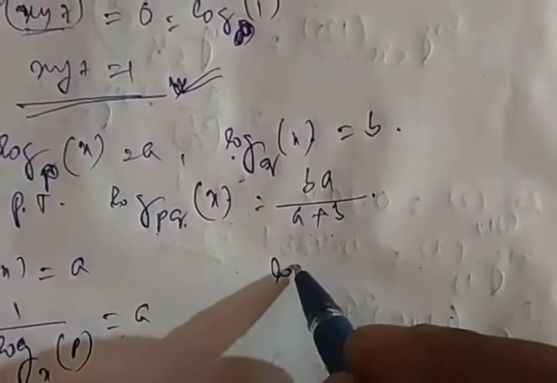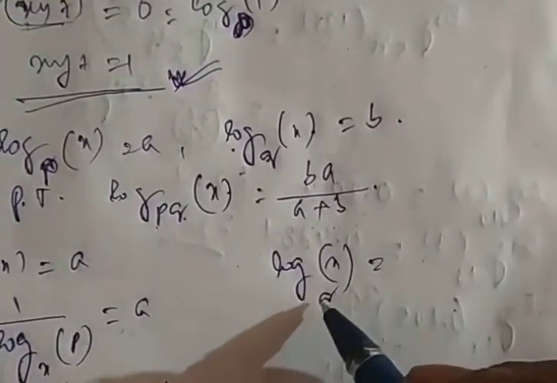In a similar way, we can write log of x with respect to base q equals b, which implies log of q with respect to base x equals 1 by b.